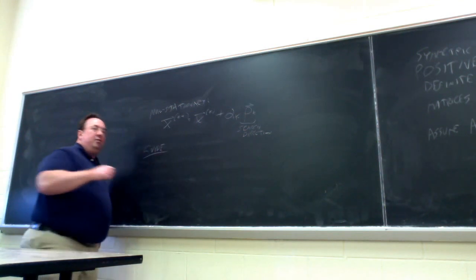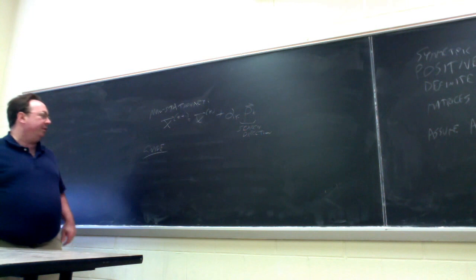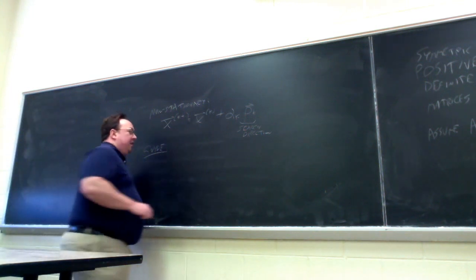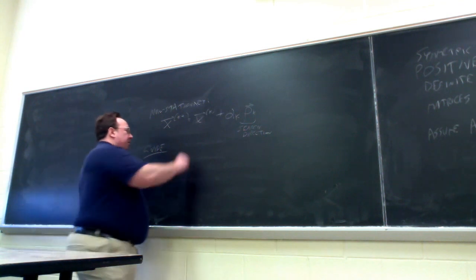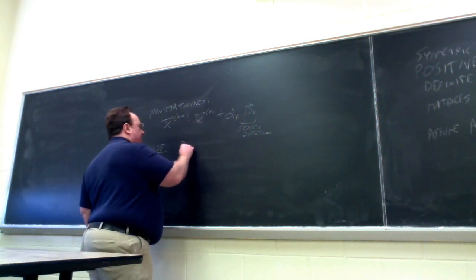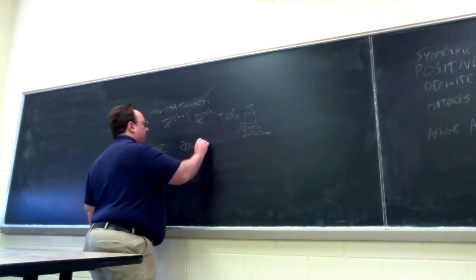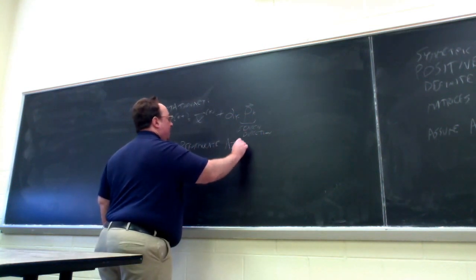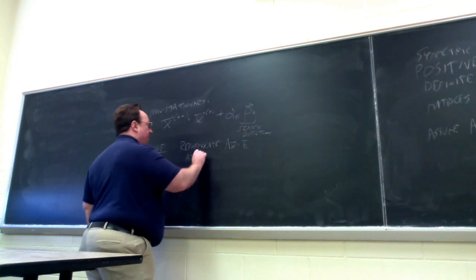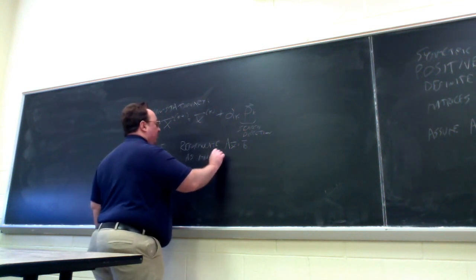One way to serve as a guide for constructing an iterative method is, because you need to have some way to measure effectiveness, so you can reformulate your problem, ax equals b, as a minimization problem.